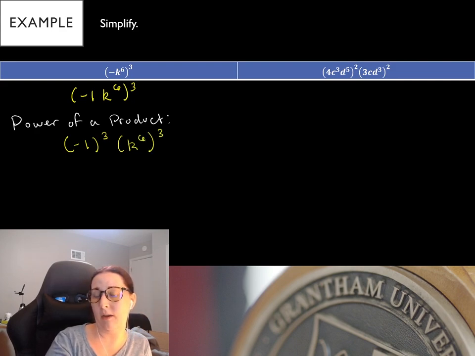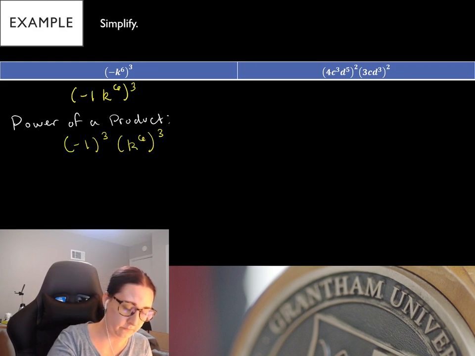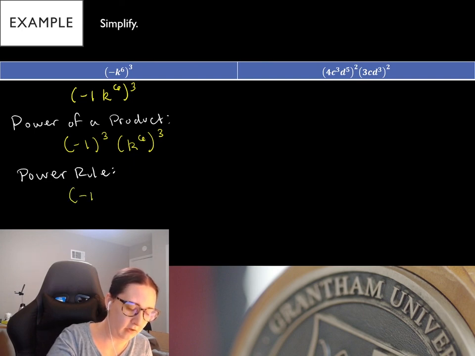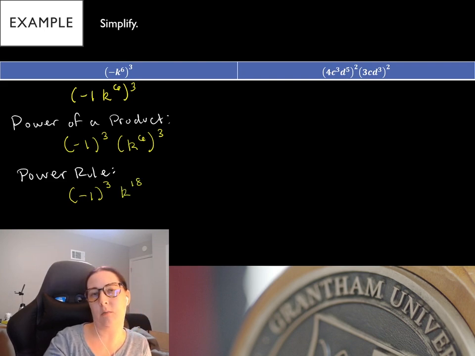So I'm going to wait on the negative 1 to the 3rd because I'm going to use the power rule next. So I'm going to just write that down. And so that means we're going to be multiplying our exponents together. So I have negative 1 to the 3rd and then k to the 18th because 6 times 3 is 18.